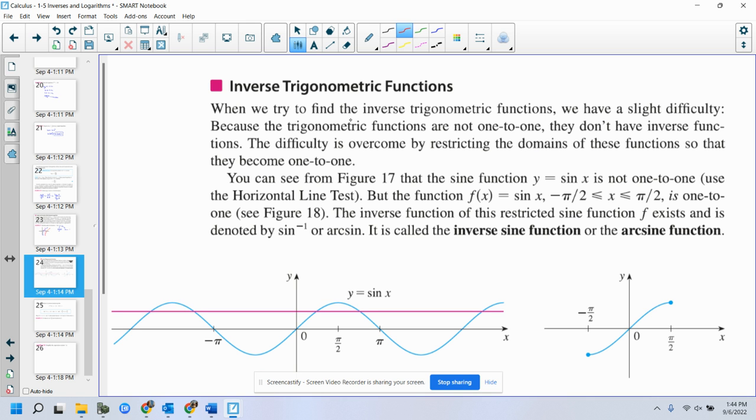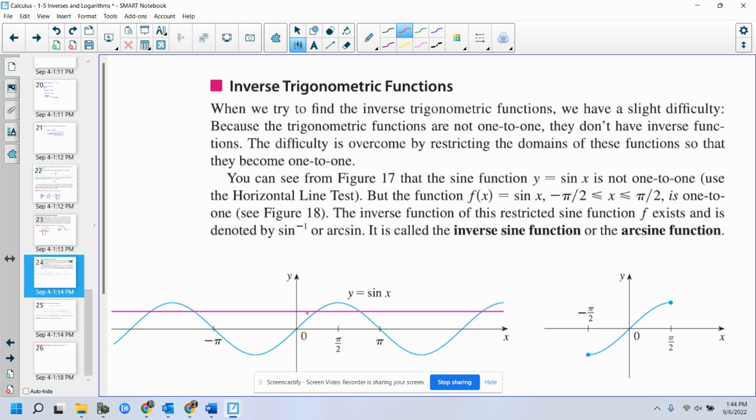Inverse trigonometric functions. One of the big things about inverses is using inverse trigonometric functions. Now remember that this is when I give you the coordinate and you have to work backward to find the angle at which that coordinate exists. When we try to find the inverse of trig functions, we have a slight difficulty. Because the trigonometric functions are not one-to-one, they don't technically have inverse functions.